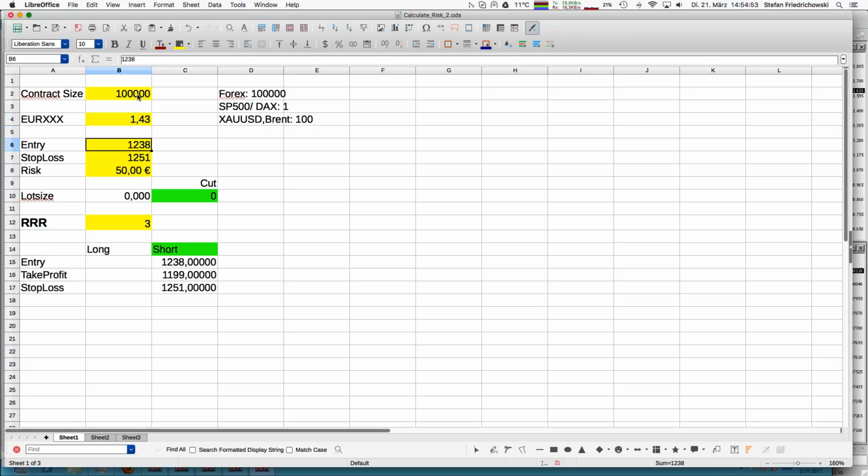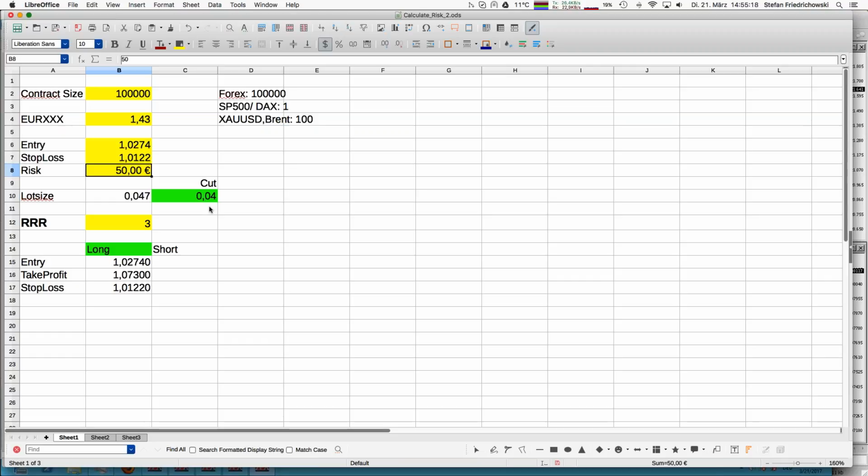The entry for the trade Australian dollar Canadian dollar is 1.0274 because it would be a market order, and stop loss 1.0122. Okay, even with that stop loss, we can trade 0.04 lots, which is nice.